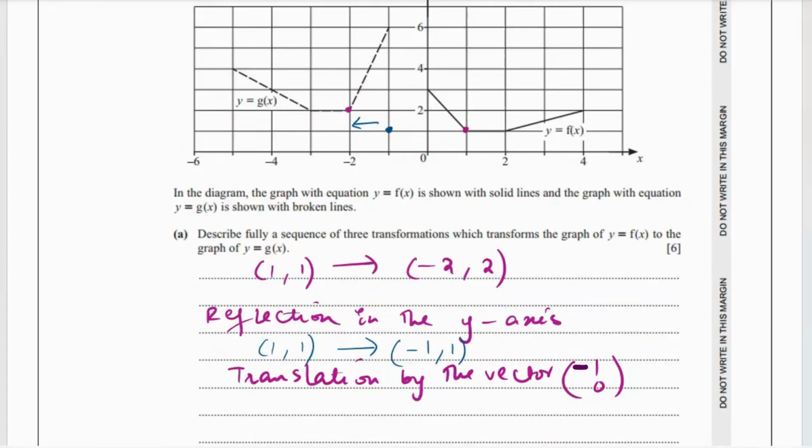Now from negative 1 to 1, it's now at negative 2 and 1. Now the third transformation that's happening is that 1 is becoming 2, which means the graph was right now over here. Now this is the point where it's going to be.